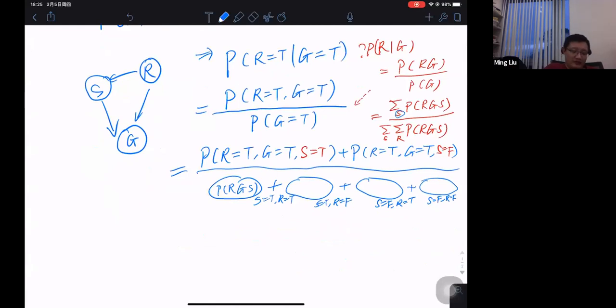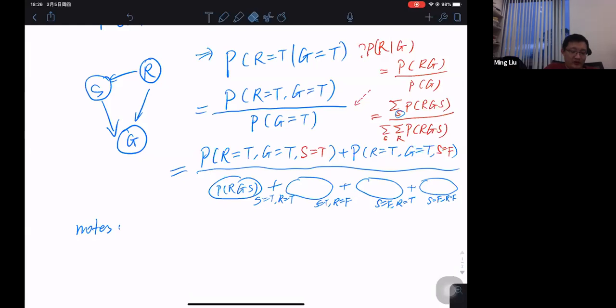Then you plug in each part, and you can find the numerical solution. Some notes: how can you really compute this joint distribution?